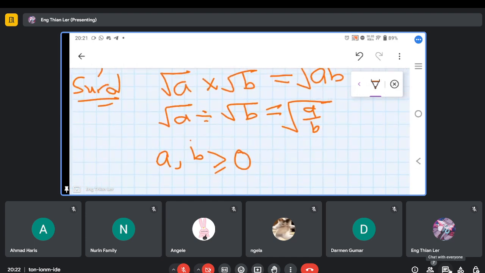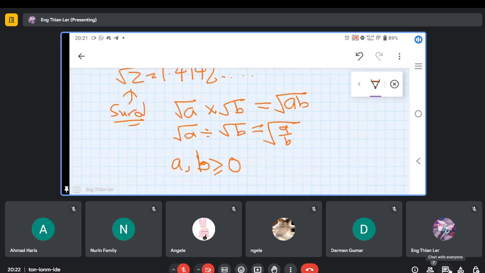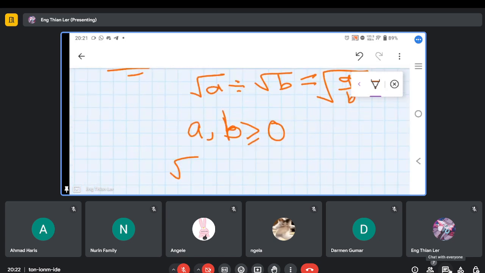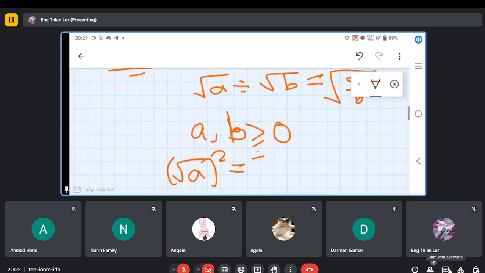So that is the surd. And then if you raise the surd to the second power, it is actually equal to A. So it's not plus or minus A. Don't be confused. Many people think that if you square the surd, you will get plus or minus A, and this is absolutely wrong. You will just get A.